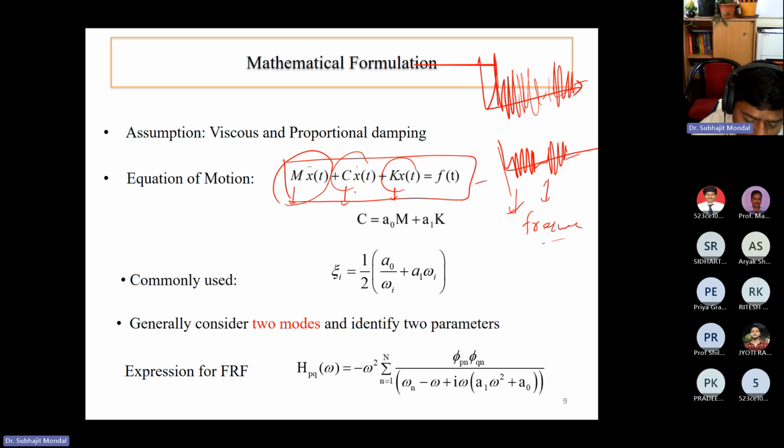How do we do this transformation from time domain to frequency domain? We can do the FFT of it. In MATLAB or any standard software, they can directly do the FFT for you, and you can get the frequency domain data from the time domain data.